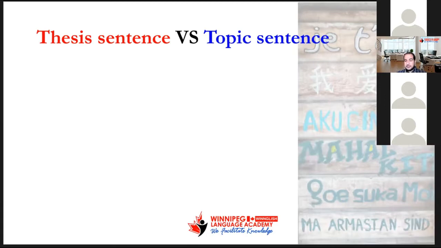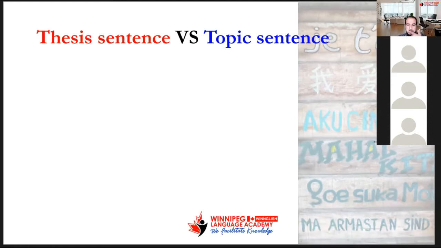But the topic sentence, there is a topic sentence for each paragraph. The topic sentence tells the reader what we will talk about in each paragraph. Each idea is concluded in the topic sentence. That's perfect, Amani. Thank you so much, Amani, for sharing your ideas.